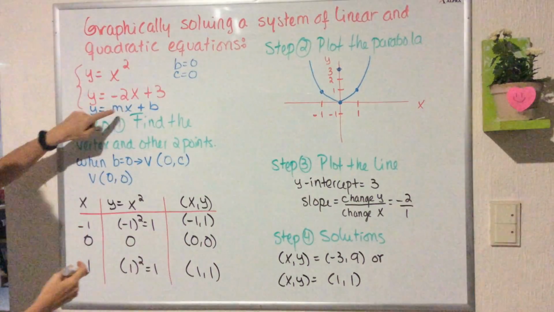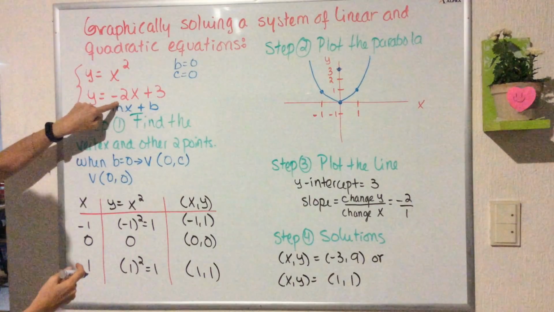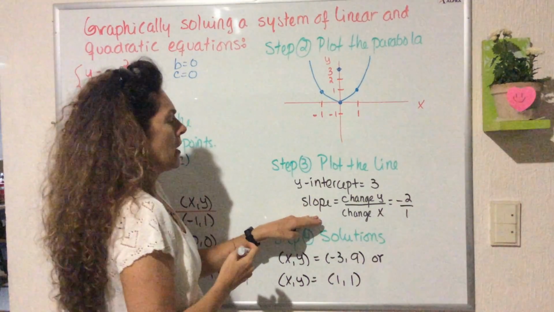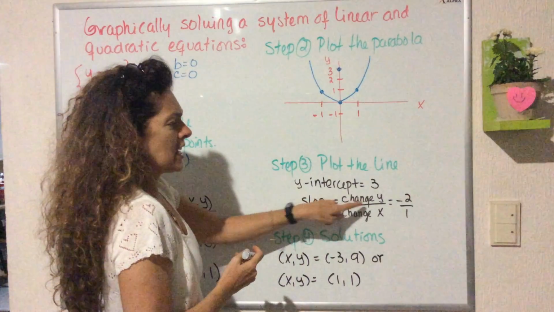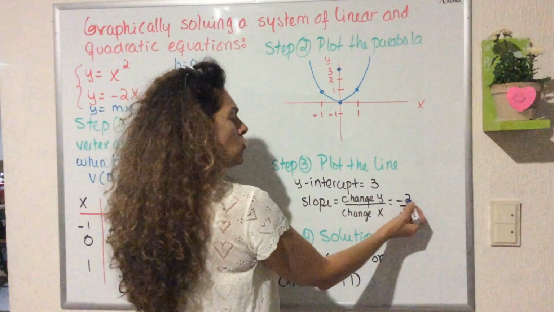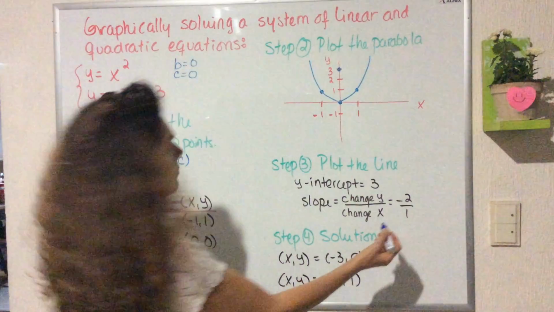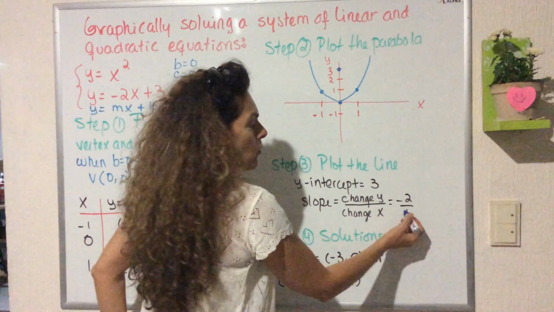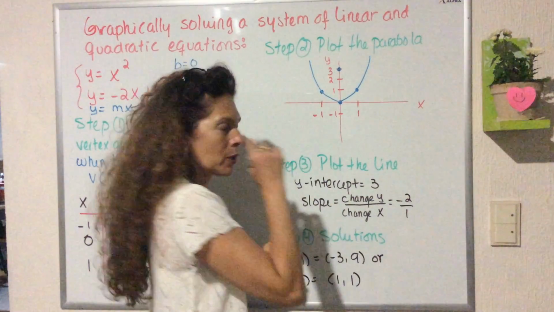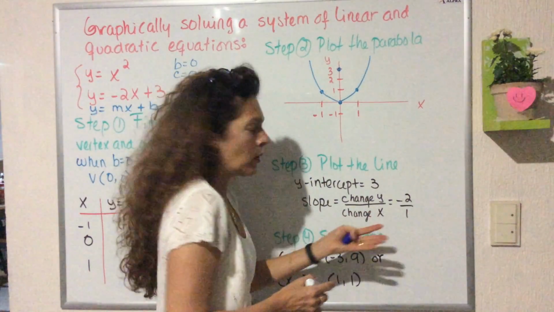And as we have here the slope, and the slope is -2, with this rule, remember, that the slope equals the change in y over the change in x. So we have -2 over 1, because this is an integer, and always an integer is being divided by 1.